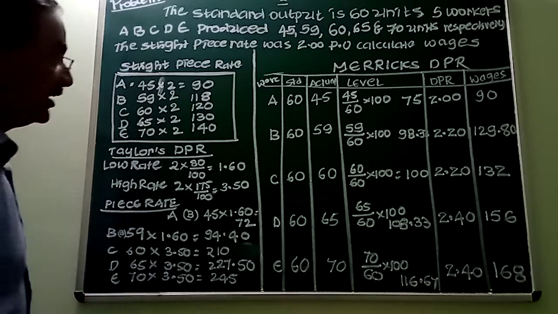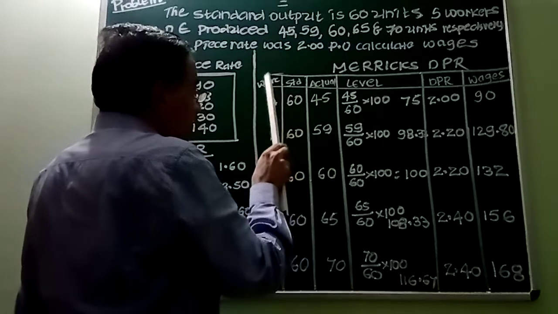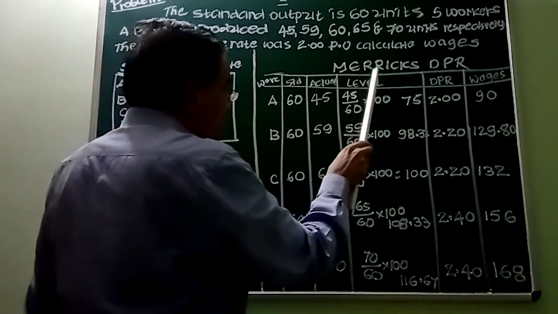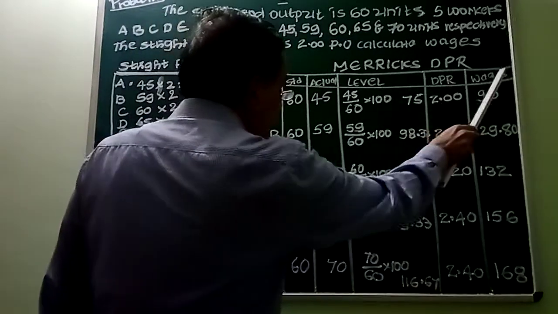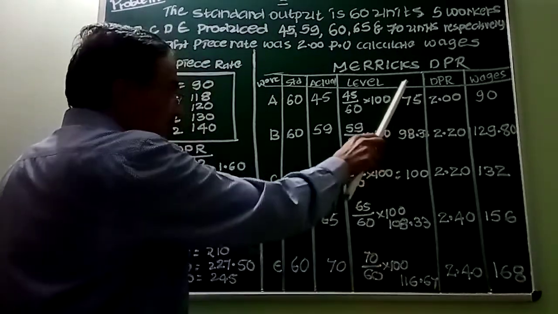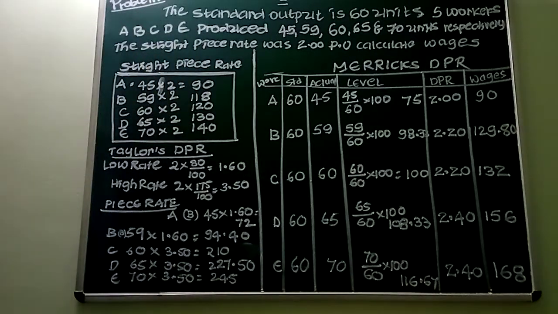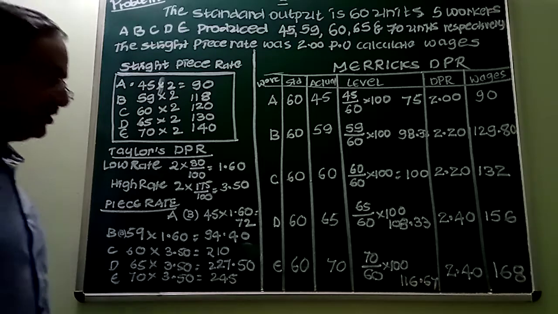This is a very important thing. Under Merrick's DPR, we have to take the columns like this: worker, standard, actual, level of efficiency, differential piece rate, and wages. If he is below 83% of efficiency, he will be paid 100% of the ordinary piece rate.